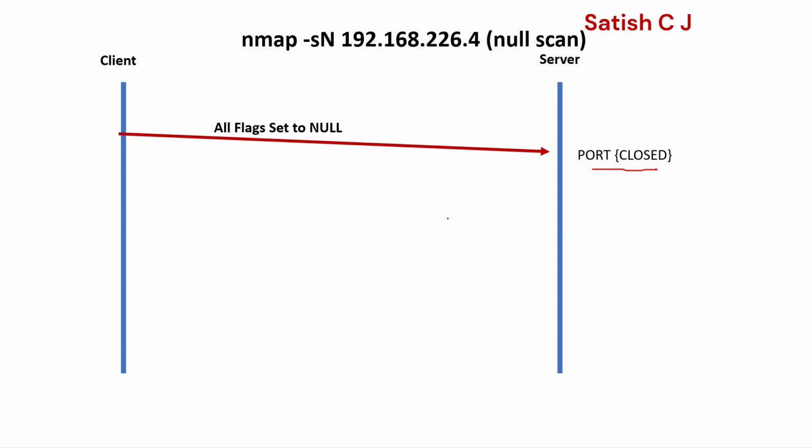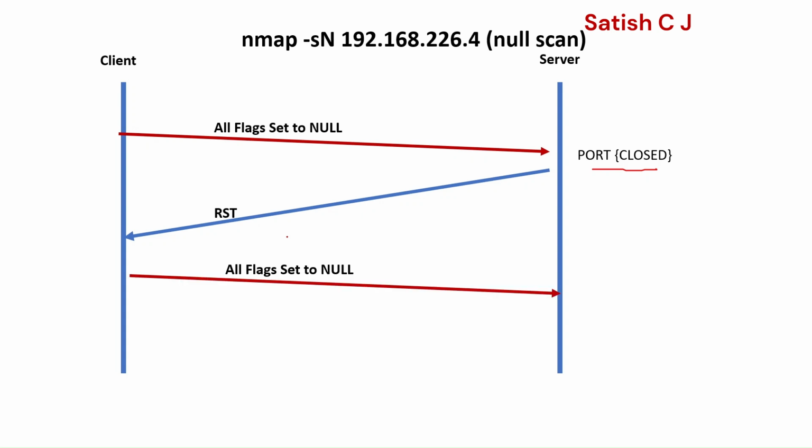When the port is closed, the response back will be a RST flag. So you send a null packet when the port is closed, and according to the standards, the server will respond with the RST flag. In case the port is open or protected with a firewall, if these two conditions are there, then there'll be no response from the server.